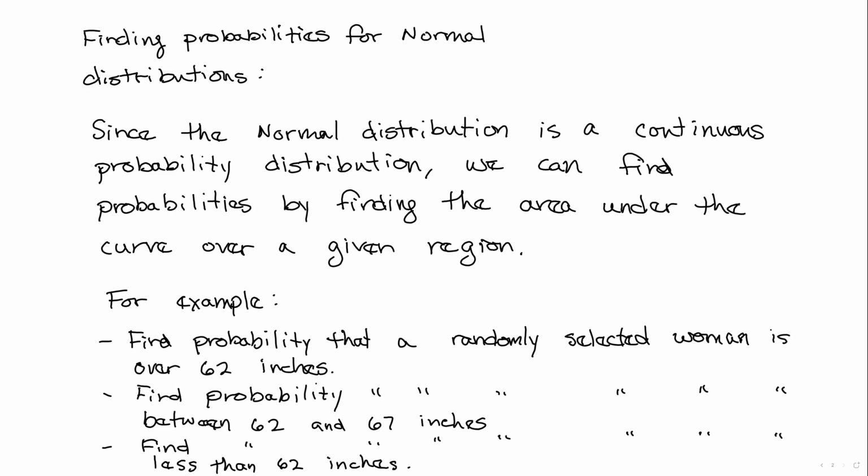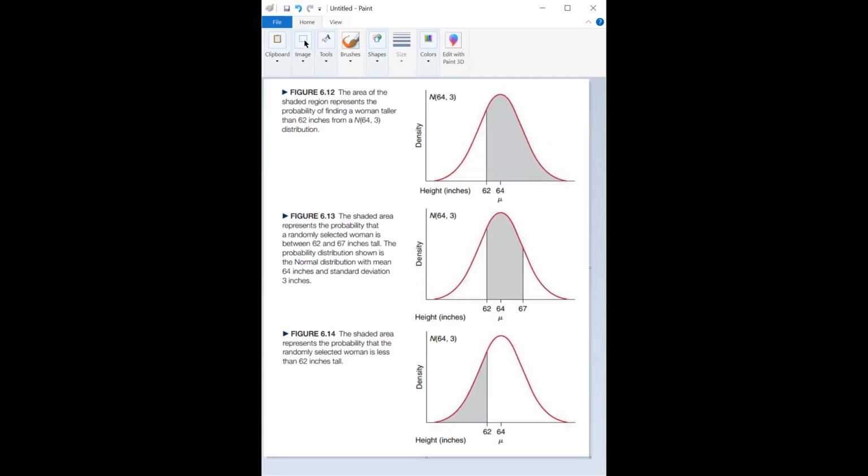Let's look at a group of pictures, actually. We've got 3 pictures here to represent each of those 3 circumstances. If we wanted to find the probability that a randomly selected woman is taller than 62 inches, first we sketch a normal distribution, that is the bell shape here.